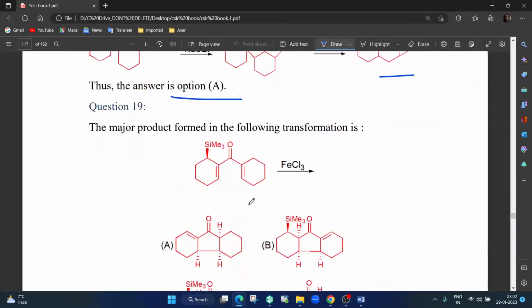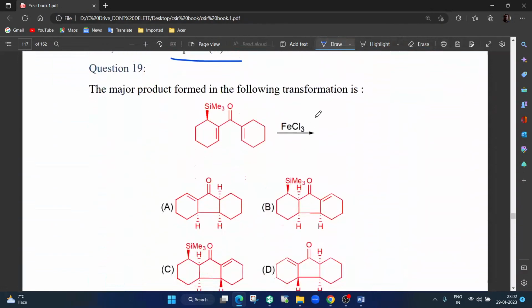Question number 19. The major product formed in the following transformation. So when you see something like this, where you have a diene and in between a C double bond O, it's a conjugated system. Whenever you look at it, please understand it will be Nazarov reaction.